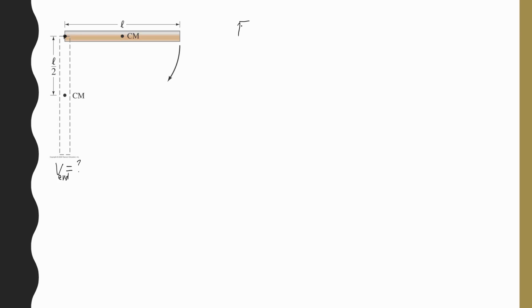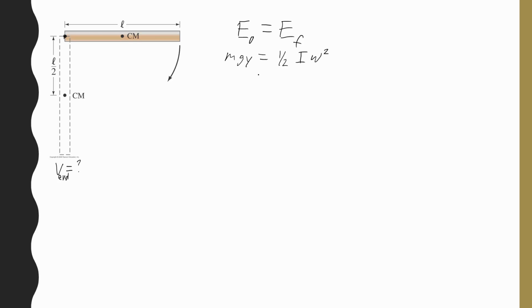So we again can use conservation of energy. Initial energy is equal to final energy. In this case, our initial energy is gravitational energy, mgy. Our final energy is our rotational kinetic energy, so 1/2 I omega squared.